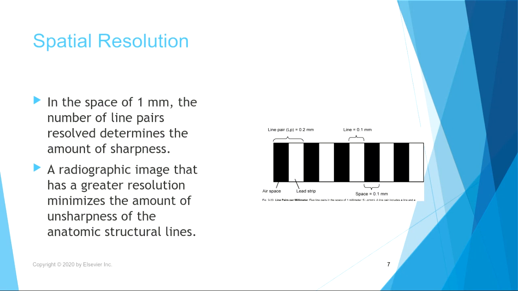So in the space of 1 millimeter, the number of line pairs resolved actually determines how much sharpness there is in the image. Okay.